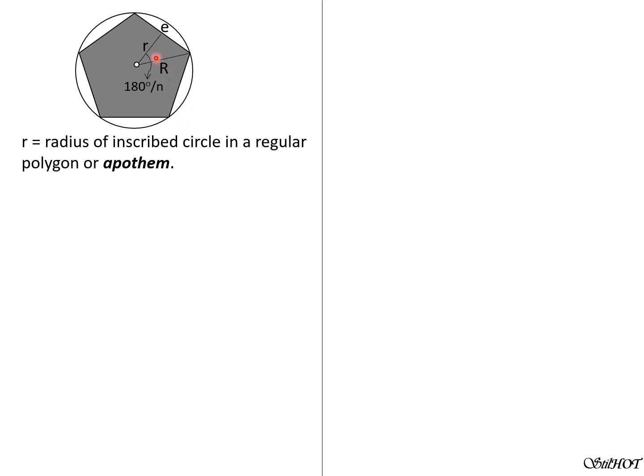So tangent of 180 degrees over n equals half of E, or E over 2, over R. So that means E is equal to 2R tangent of 180 degrees over n.